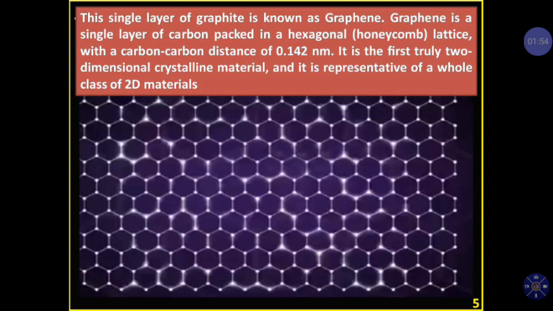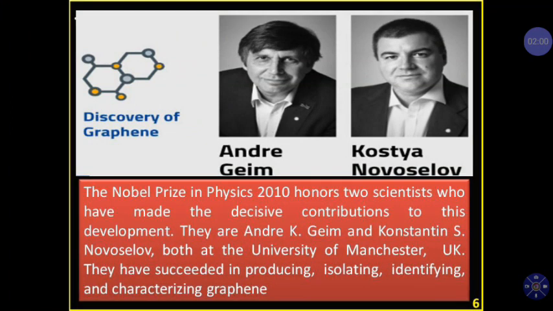Graphene is 1,000,000 times thinner than hair. These two scientists from University of Manchester, UK, succeeded in producing, isolating, identifying and characterizing graphene.